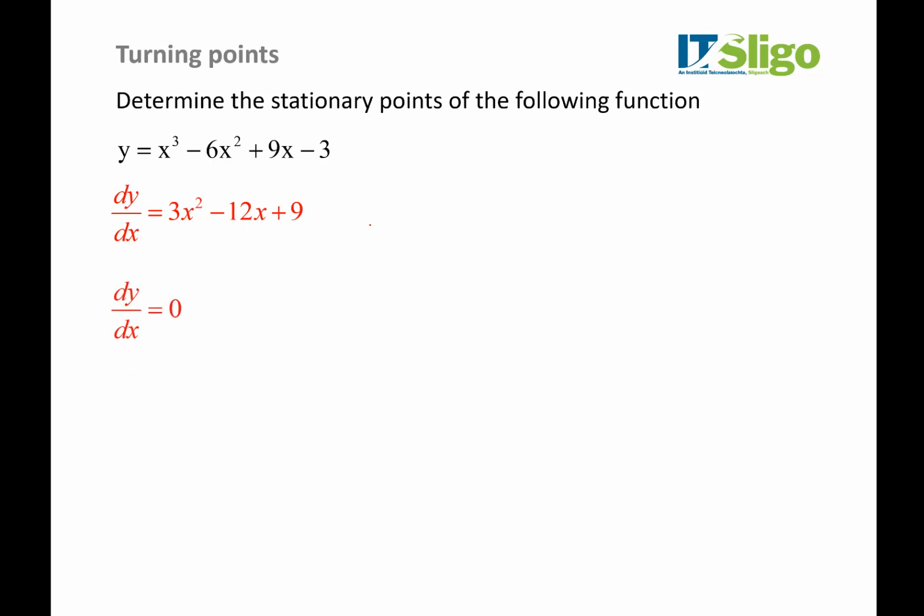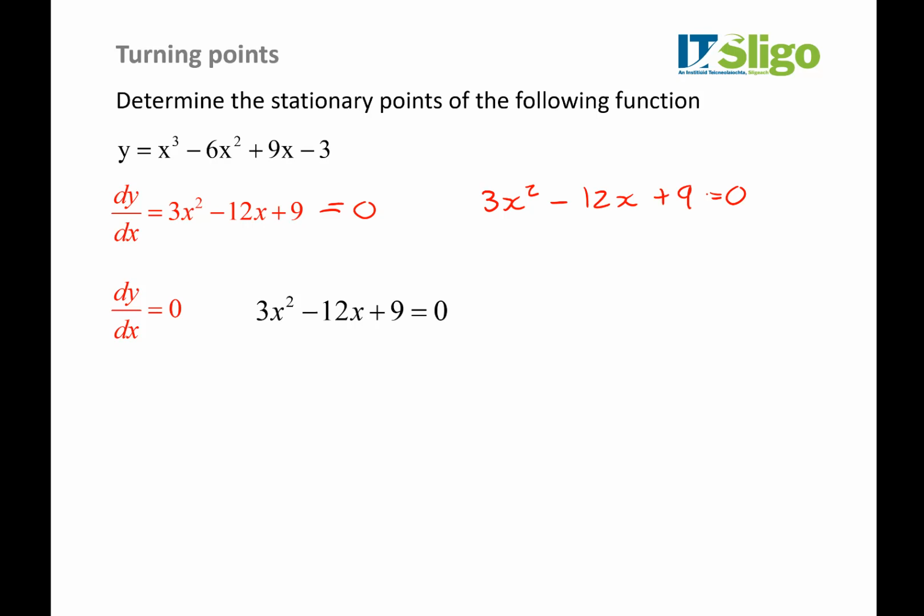And now we're interested in, well, where is this equal to 0? So we've got 3x squared minus 12x plus 9 is equal to 0. And we actually have to factorize our equation.